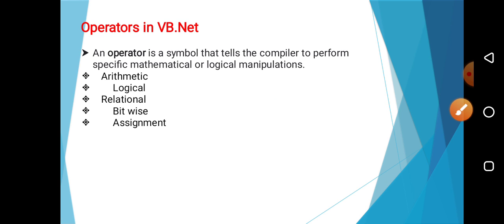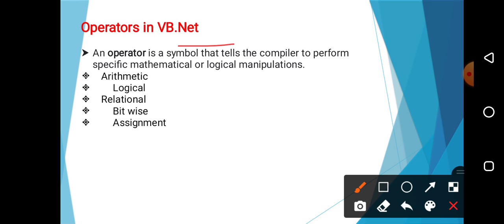So an operator is a symbol which is used to perform some mathematical operation or some manipulation. There are many operators present in VB.NET: arithmetic, logical, relational, bitwise and assignment. To perform certain operations on the operands, we require operators.